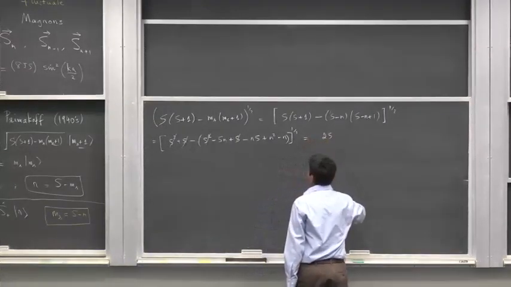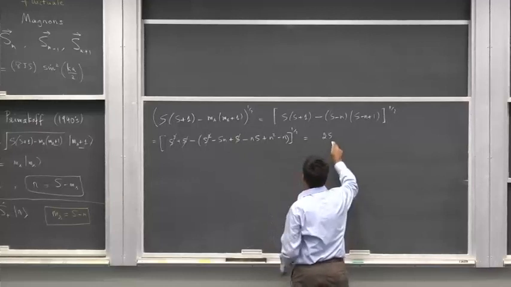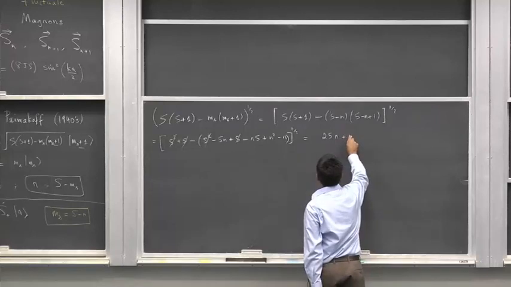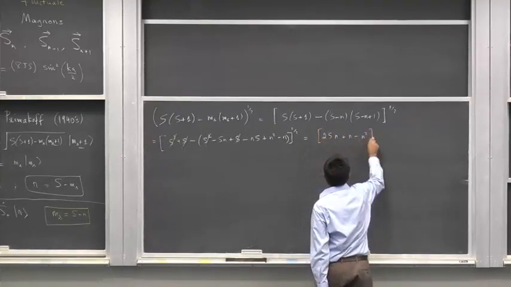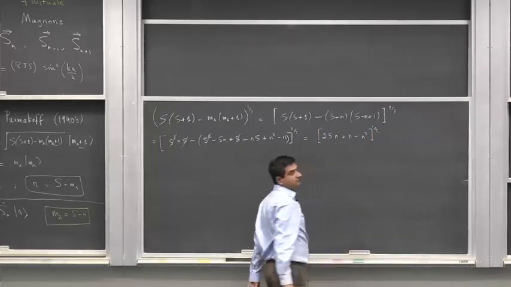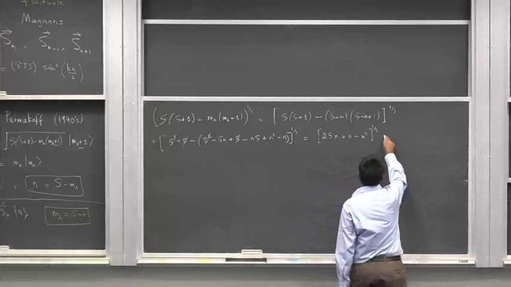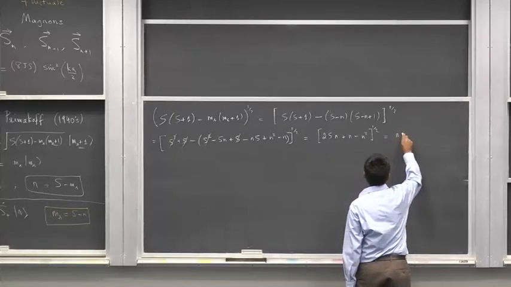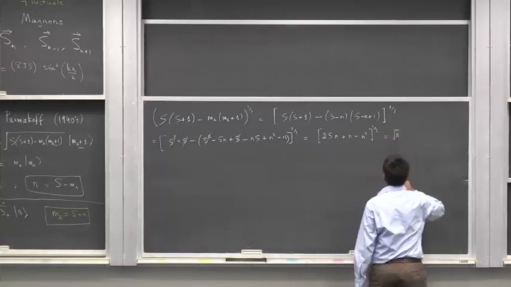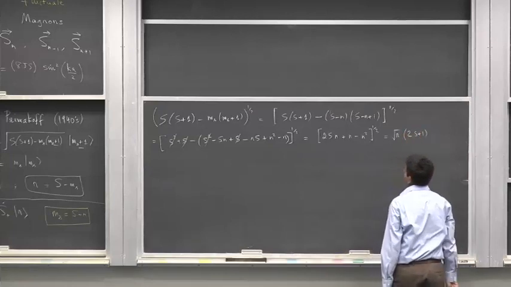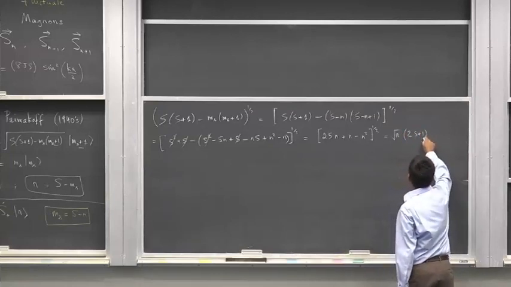Then s n plus n minus n squared. This gives me n under root 2s plus 1 minus 1.